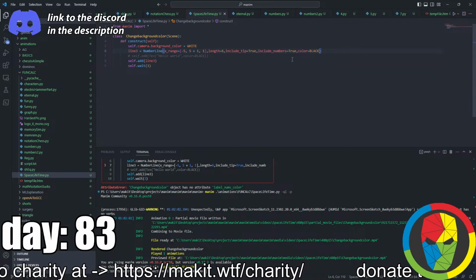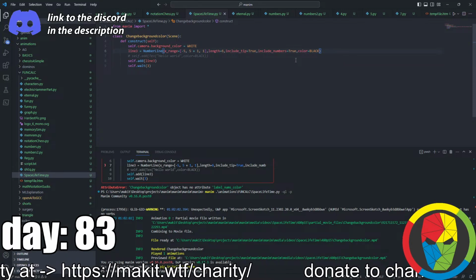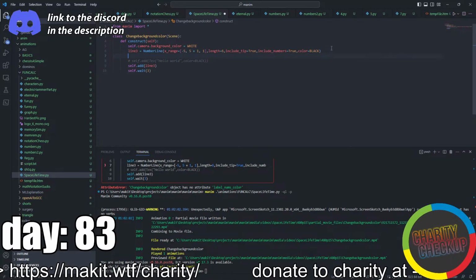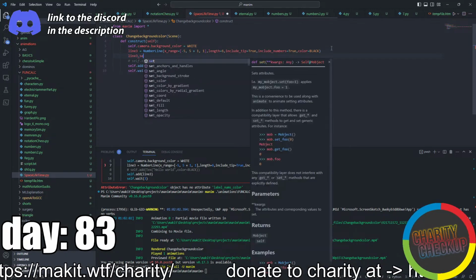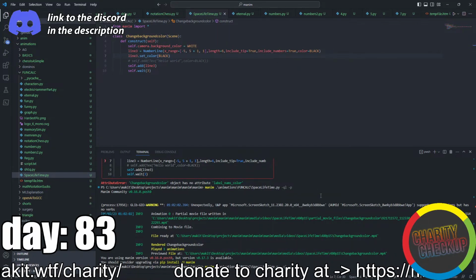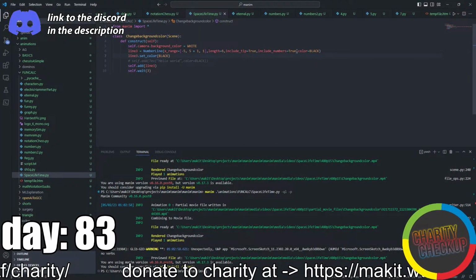Include numbers, yeah, I want this to be black. Oh, this worked, great. Sick.